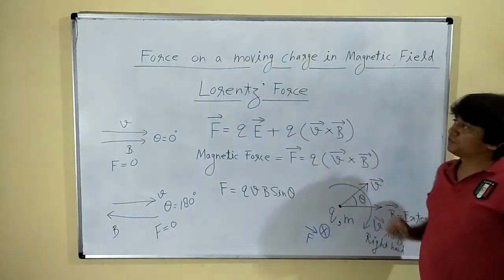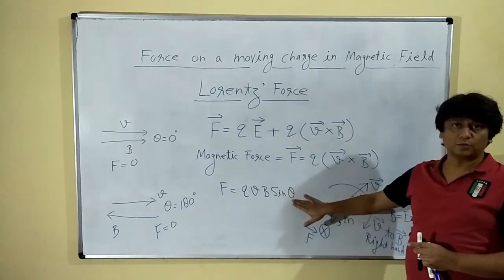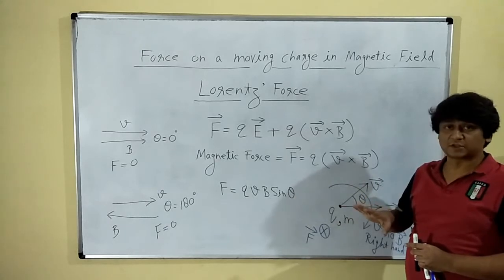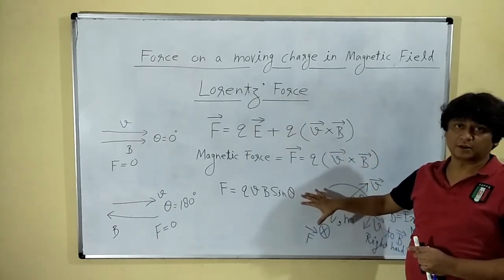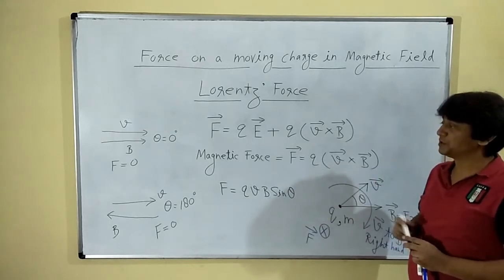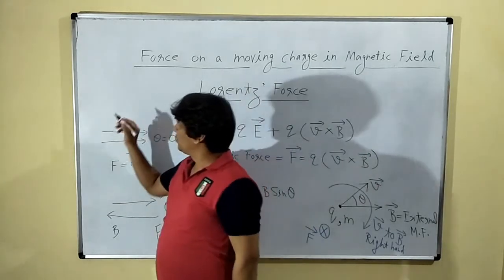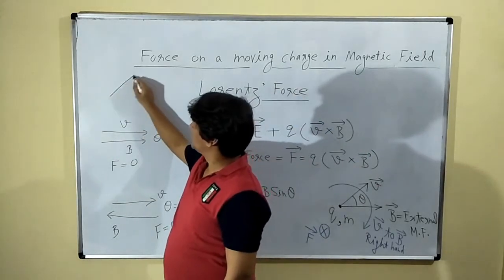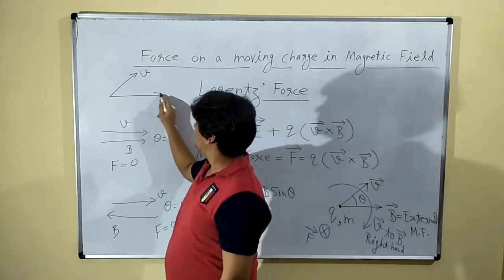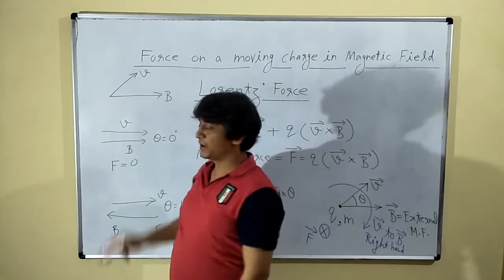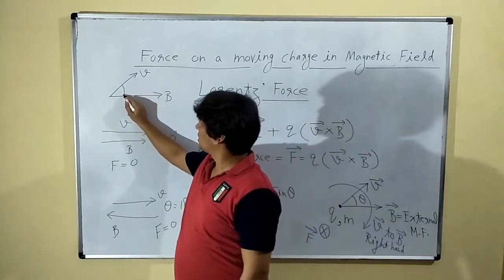एक बार आपने ये इंफॉर्मेशन नोट कर ली तो इस साइन थीटा पार्ट को फिर से समझते हैं. यहां पर हमने बोला कि भाई हमारा चार्ज इस तरफ मूव कर रहा है V से, and this is the direction of magnetic field. This angle is what?